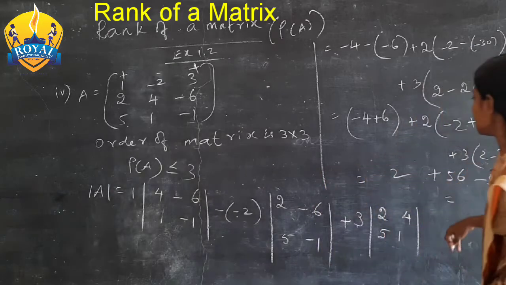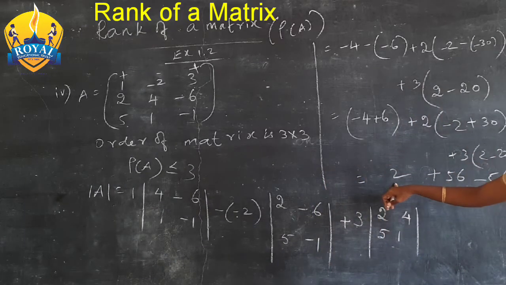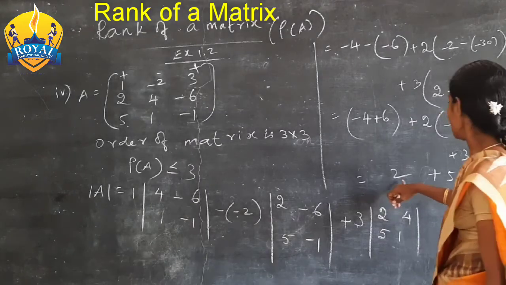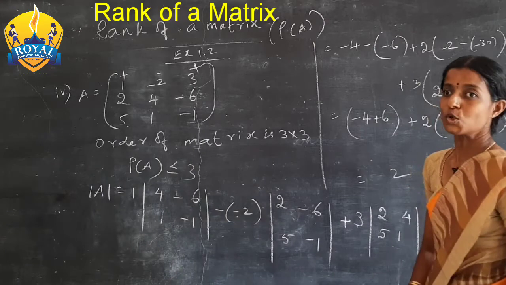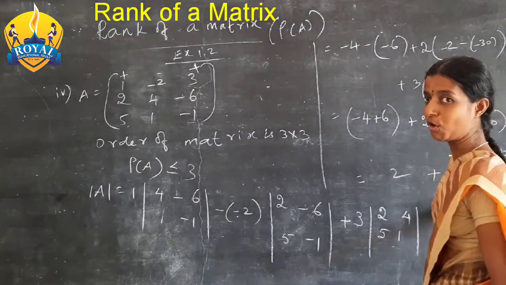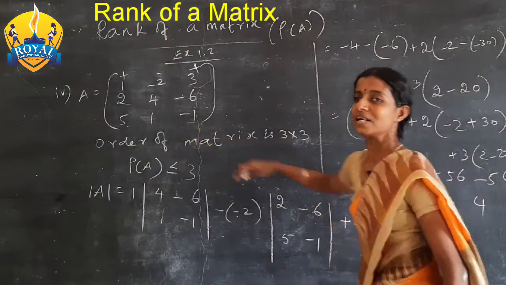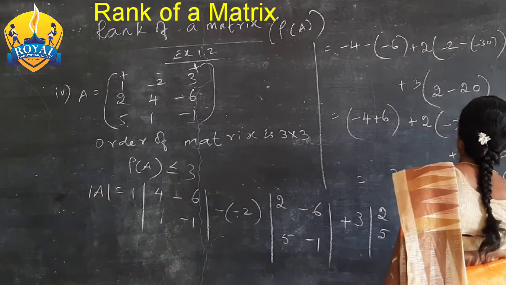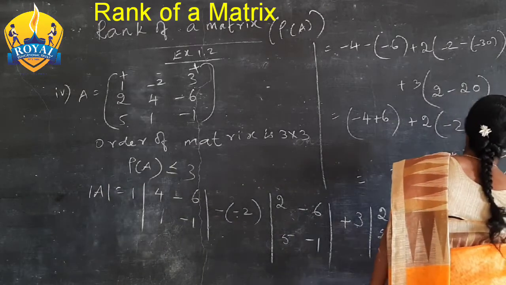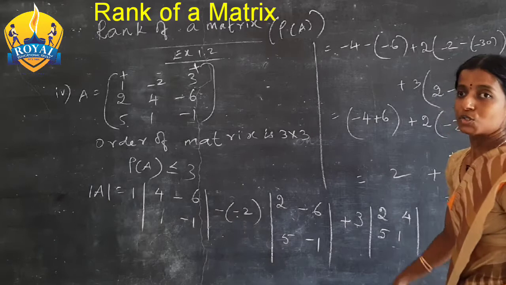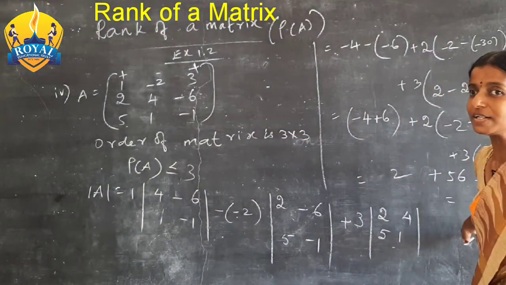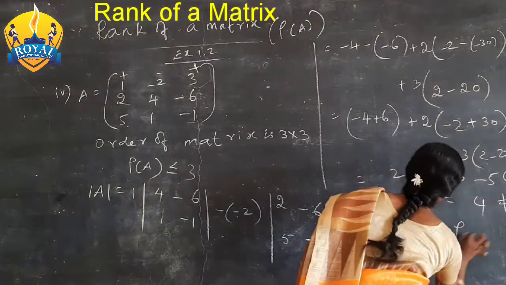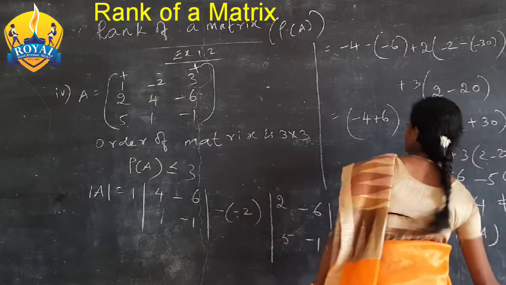So 56 plus 2, 58; 58 minus 54 equals 4. So I have a non-zero value 4 for the given matrix, which is not equal to 0. Since the 3 cross 3 determinant does not vanish, the rank of A will be equal to 3.